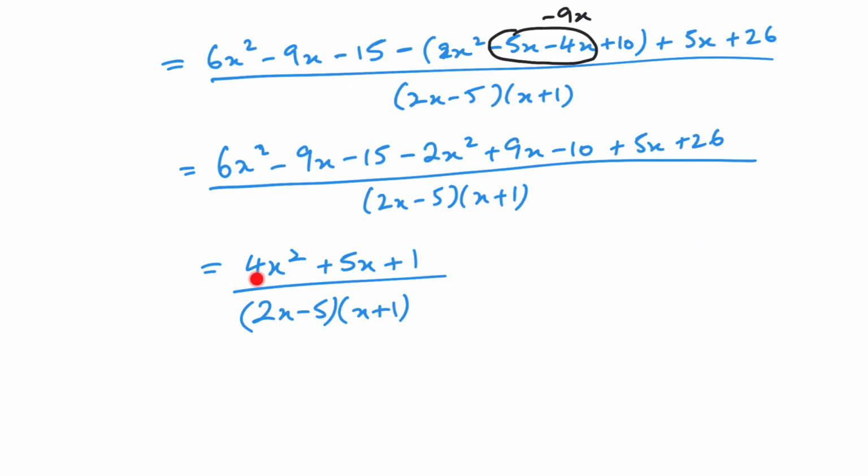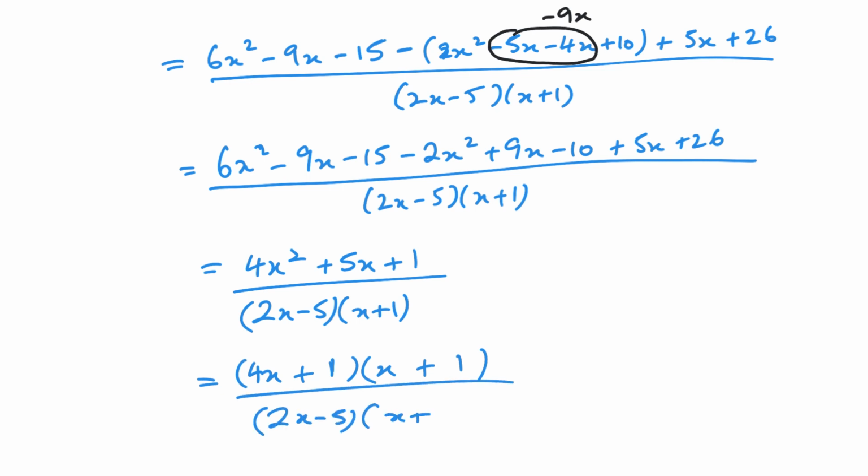Now I need to factorize this top, which hopefully shouldn't be too difficult. For the x's I could have 2x and 2x, or 4x and 1x. And looking at this, it's going to be 4x and 1x, and that is because I need a 1 in both, and these are going to have to be positive. So this gives me my 4x squared plus 4x plus 1x is plus 5x, and then plus 1. So (2x minus 5)(x plus 1).